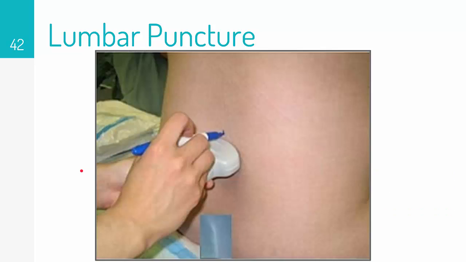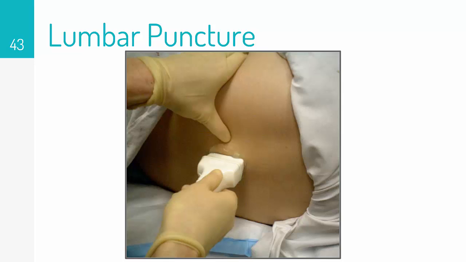Then you're going to use a permanent marker to mark the anatomic midline as demonstrated in the image. Next, you're going to turn the probe to align with the longitudinal plane of the spine and scan over the anatomic midline established during the first step, approximately third and fourth or fourth and fifth interspinal space in the lumbar spine. The goal again is to identify the spinous processes, but now we want to find the interspinous space.